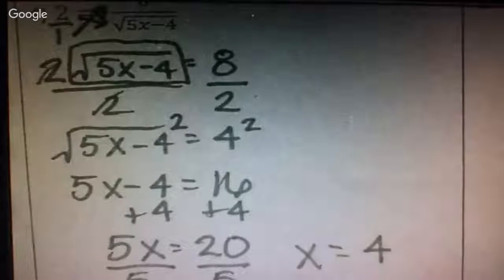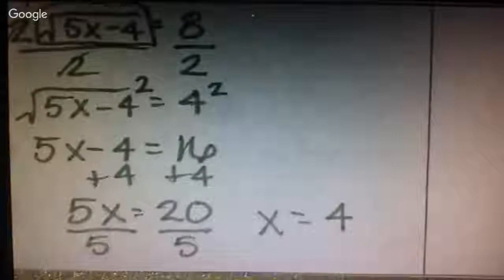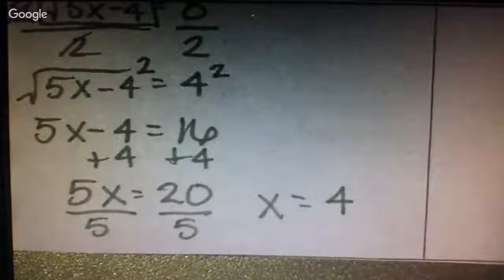Okay, so I'm going to scoot over to the check spot. Is everybody good with this? I can scoot it? Okay. All right. On the check side of it, my original equation was 2 equals 8 divided by the square root of 5 times x. So I'm going to plug in the 4. Minus 4.